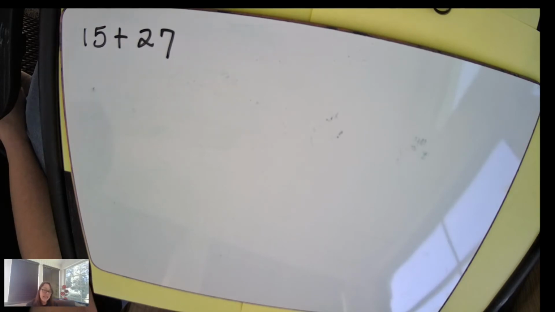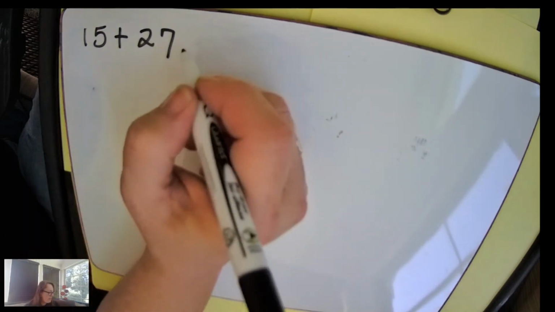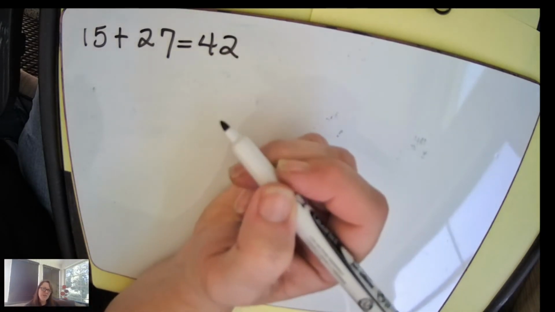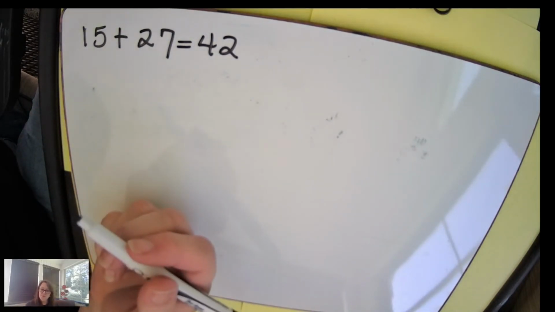All right. Lydia says that she thinks the answer is 42. Do we agree or disagree with 42? It looks like most of us agree. Lydia, can you tell us how you were thinking about this problem?